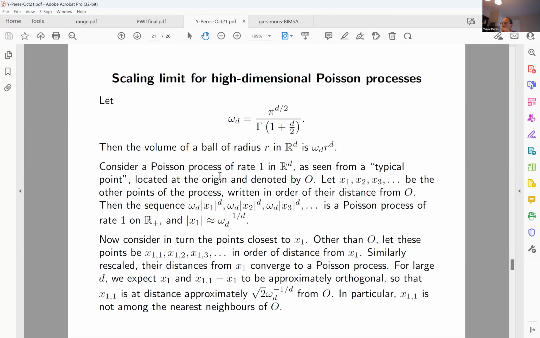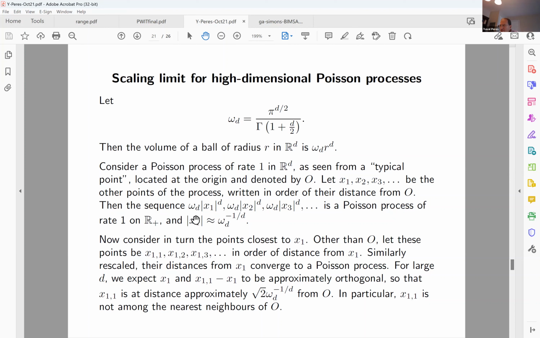So we consider a Poisson process of rate 1 in Euclidean space, seen from a typical point, which we can think of as the origin. And then x1, x2, x3 are the other points of the process written in order of their distance from the origin. Then the sequence of volumes, omega d xi to the d, of the points ordered according to distance, is just a standard Poisson process of rate 1 on the positive reals.